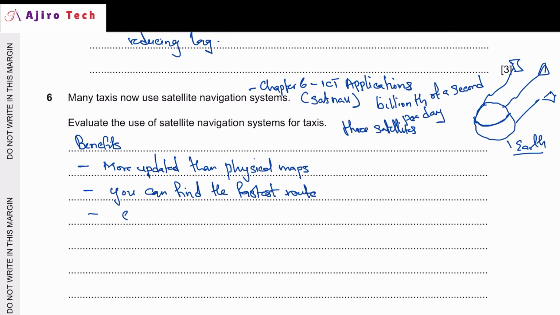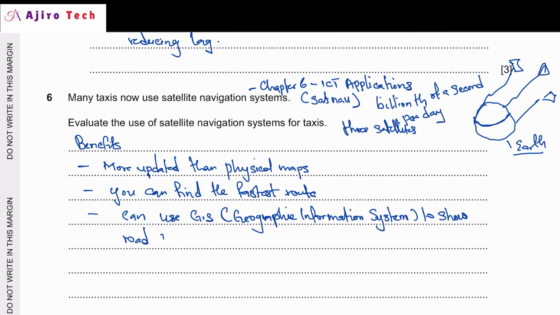You can also use the geographic information system, which is your Google Earth, to show road closures.